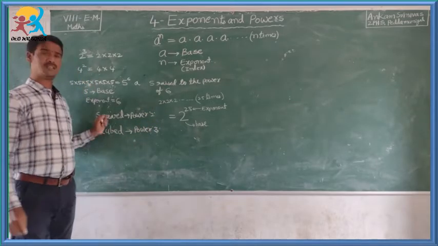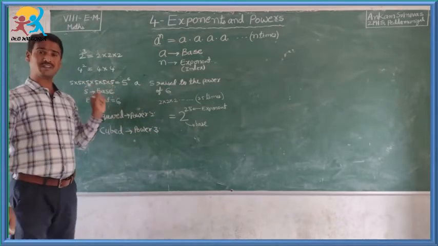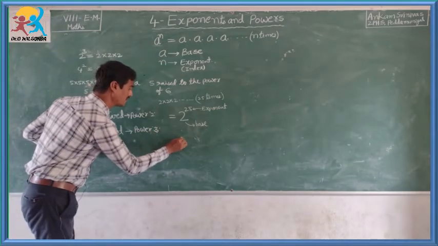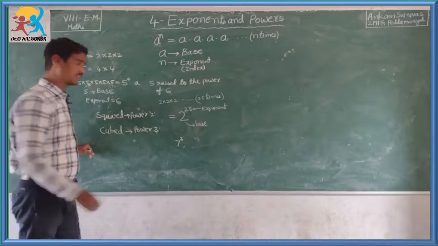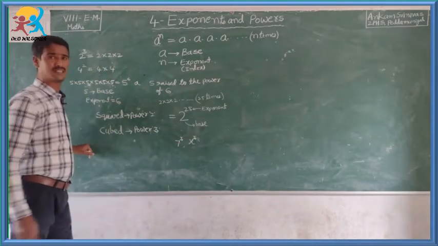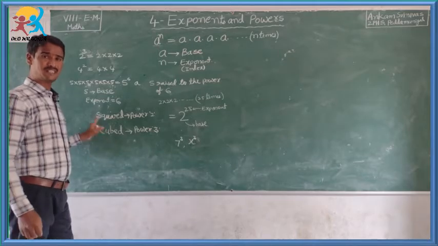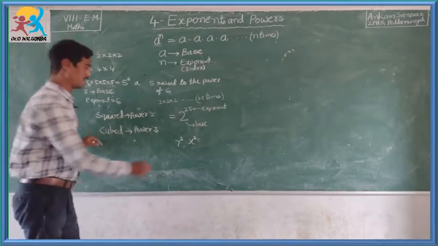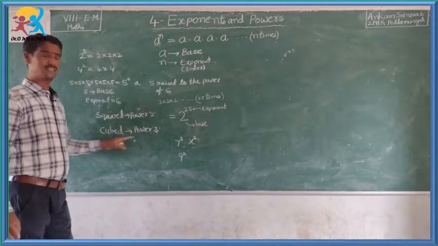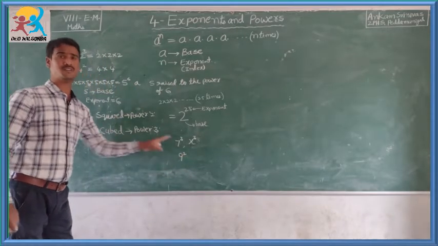That means 7 cube is 7 to the power of 3. 9 cube or x cube means x to the power of 3. 7 square, x square or 9 square. 9 square means 9 raised to the power of 2.